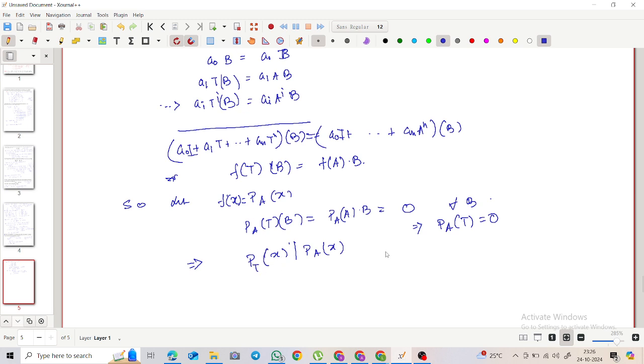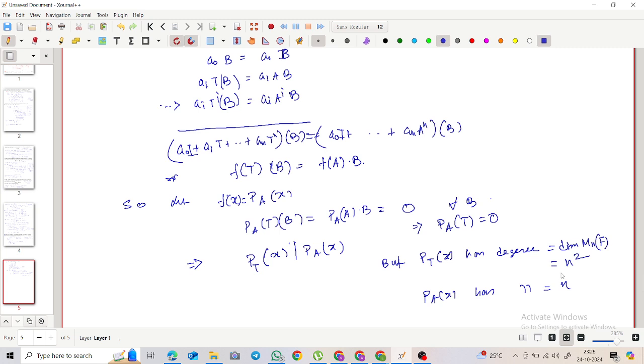But what is the degree of P_T(x)? It has degree equal to the dimension of M_n(F), that is n squared, and P_A(x) has degree n because A is an n cross n matrix. So you see a polynomial of degree n squared.